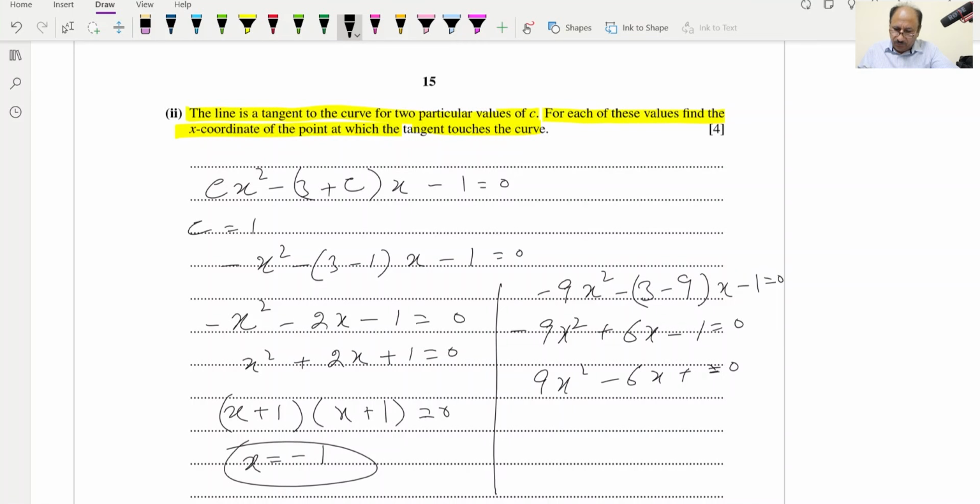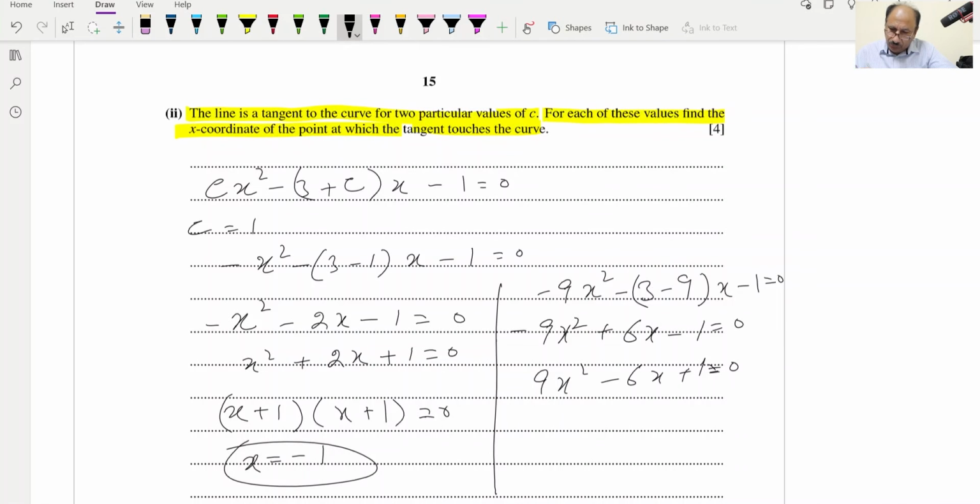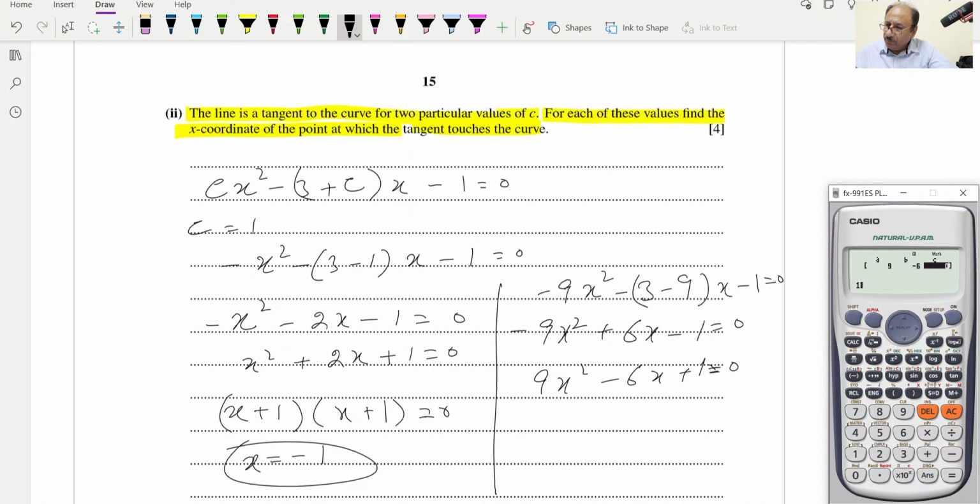And again we'll form the quadratic, we'll use the quadratic formula or something like that. So it will be 9 and minus 6 and plus 1, and this is giving us 1 by 3.